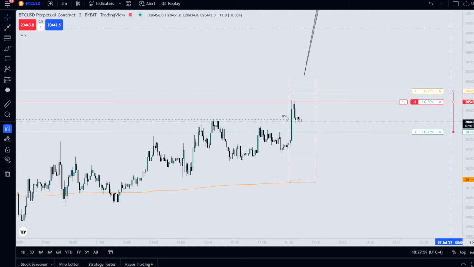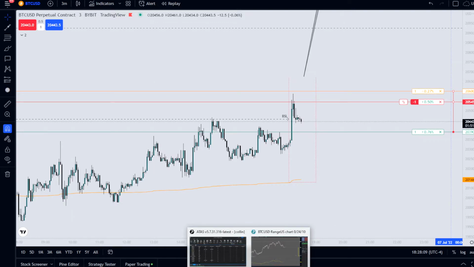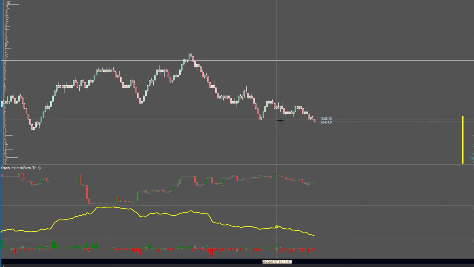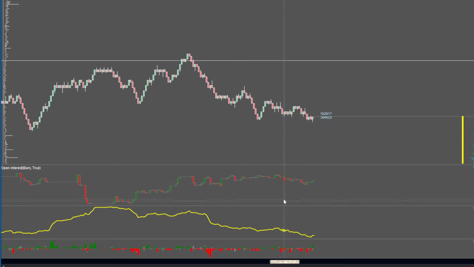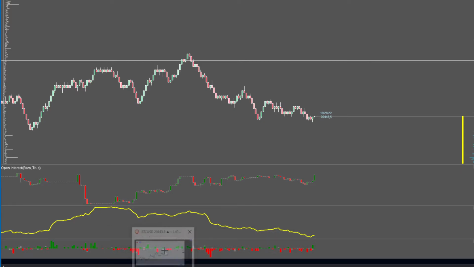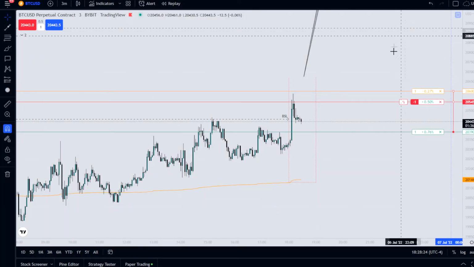Let's see if it can play out any. I'll let it play out a little bit longer, see if we reach that target. In my opinion, it doesn't really look like it wants to go lower. Yeah, I think I'm going to exit that. That's fine, let's exit that.